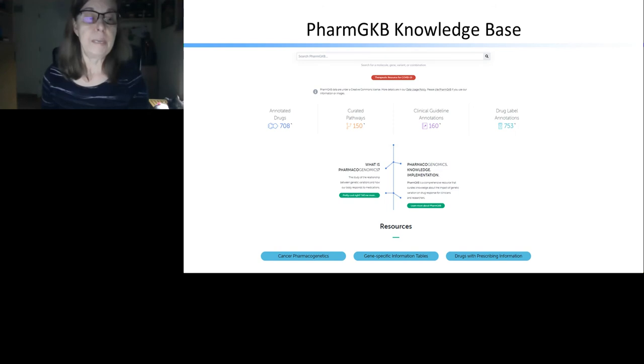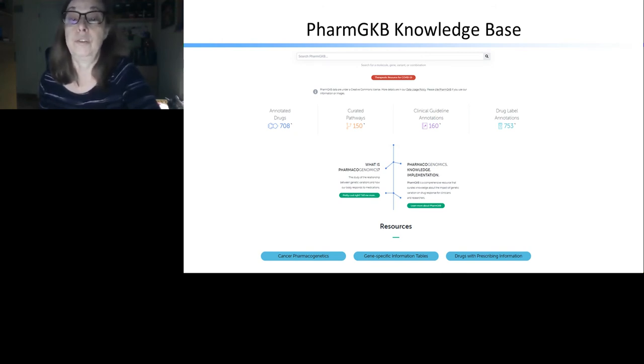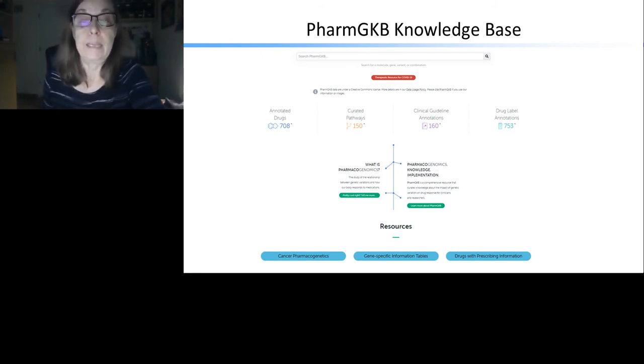So for PharmGKB, this is probably the best known database for pharmacogenetics knowledge. And so you find information for annotated drugs, curated pathways, clinical guideline annotations, drug label annotations. But I really want to highlight at the bottom of the slide, in the middle, you see gene-specific information tables.